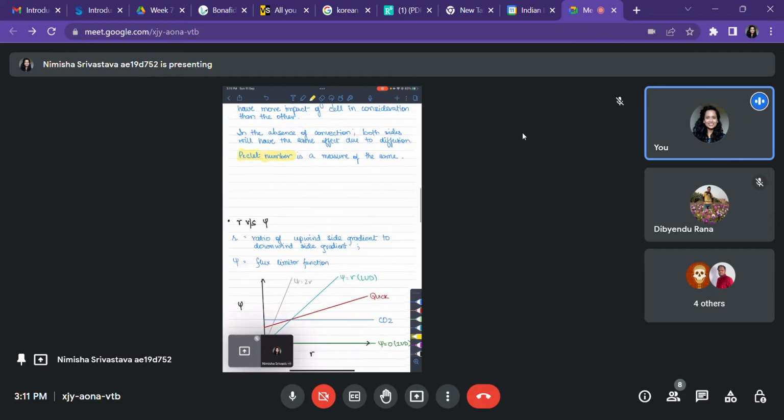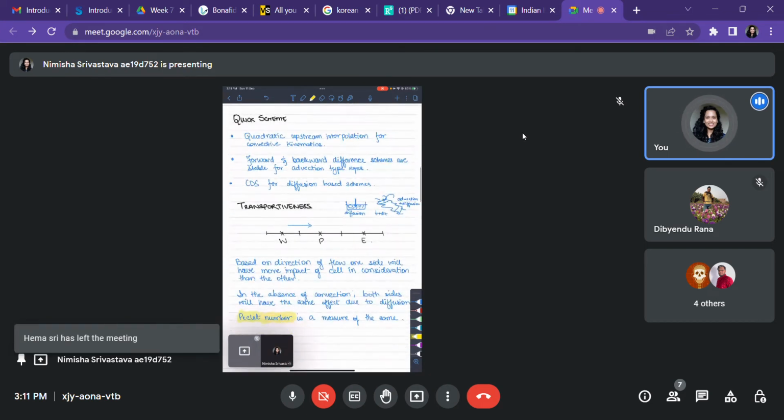A lot of the discussion this week was based around the QUICK scheme. The QUICK scheme is basically quadratic upstream interpolation for convective kinematics. It's a lot of words, but basically what it means is that we are upwinding. We are trying to enforce the physics that there is more effect of the property from one side in a flowing system than the other.